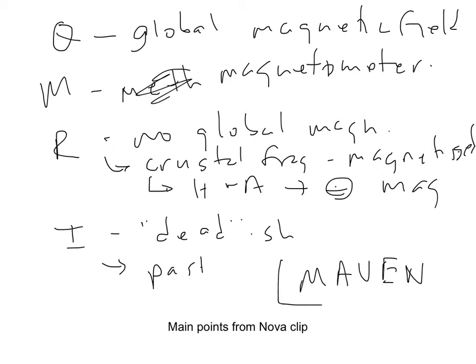So the results of the MAVEN mission may give us some better ideas about to what extent this loss of magnetic field might have been actually tied to Mars getting to be pretty crappy as a planet.